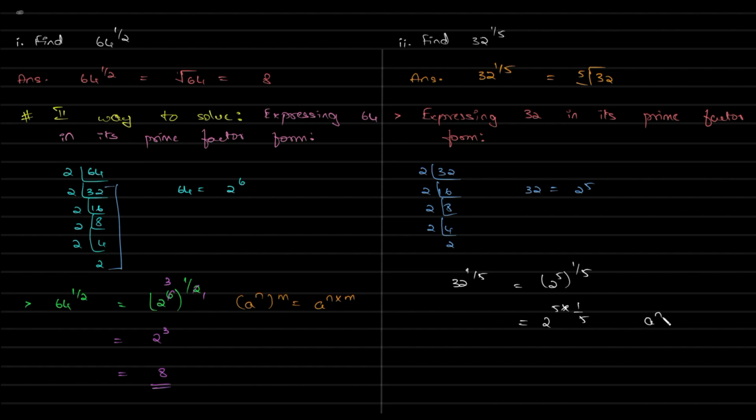So this we got with the help of a to the power of n whole to the power of m, which is equal to a to the power of n into m. So we have this and this getting cancelled, and 2 to the power of 1 is our answer. Right? So if you're not able to figure out then and there, we have to go about doing this, and if we do have a root, we'll get it.